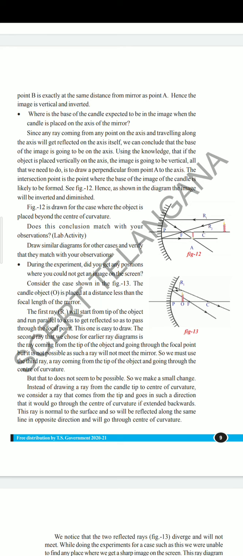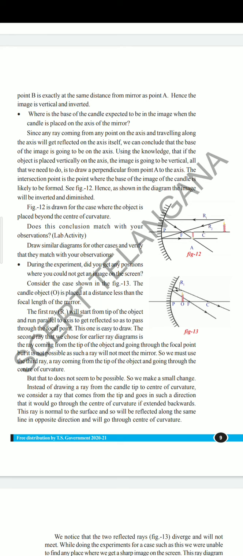So we must use the third ray, a ray coming from the tip of the object and going through the center of curvature. But this does not seem to be possible, so we make a small change.